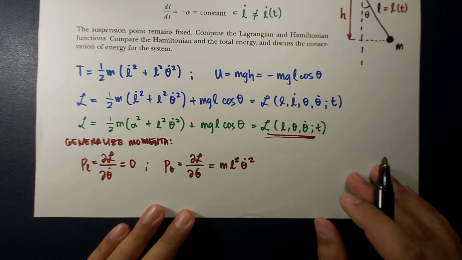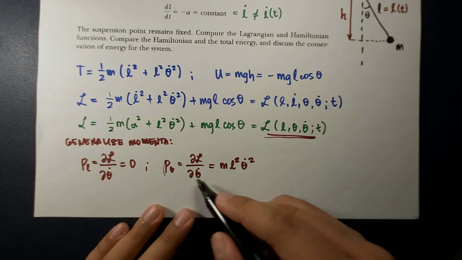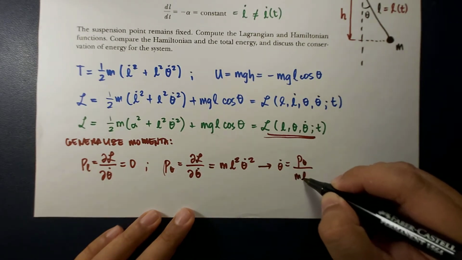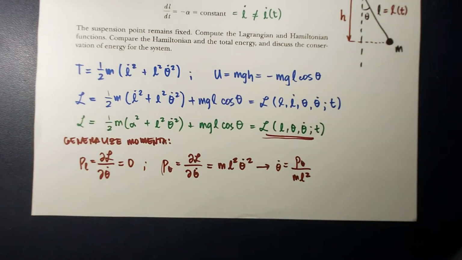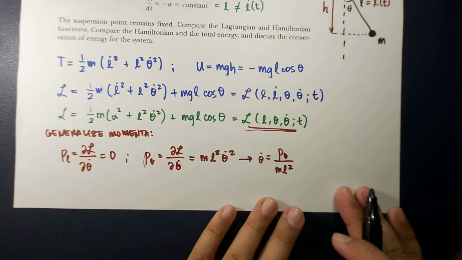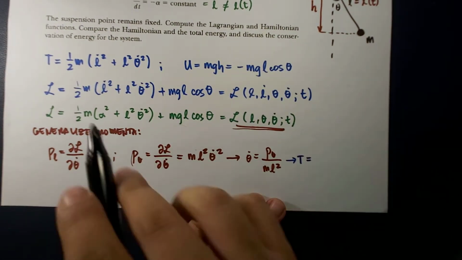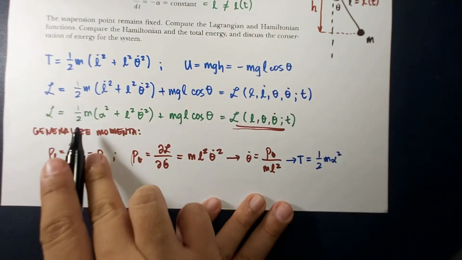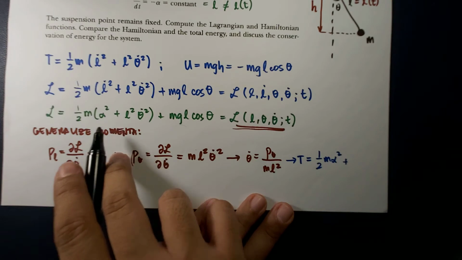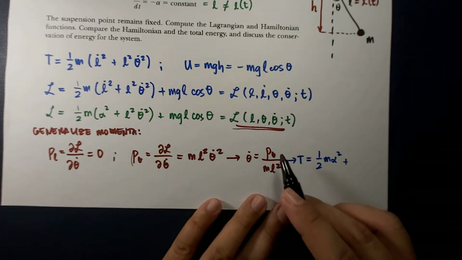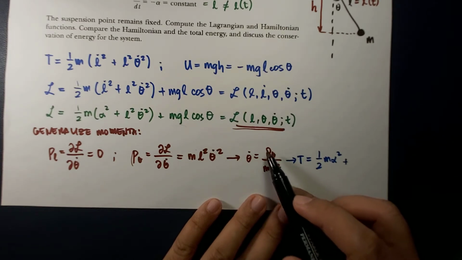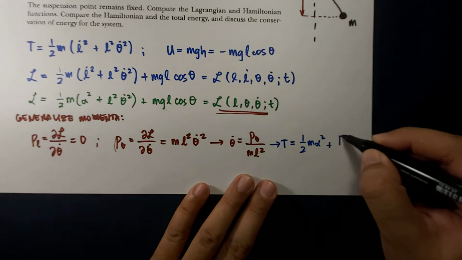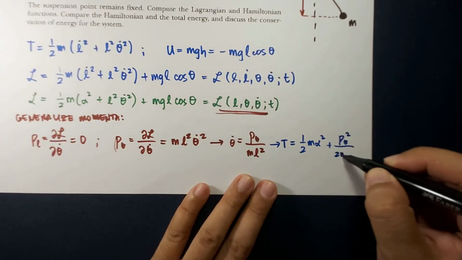This result tells us that theta dot is equal to P theta over m L squared. So the kinetic energy can now be written as 1/2 m alpha squared plus 1/2 m L squared times (P theta over m L squared) squared, which gives P theta squared over 2 m L squared.